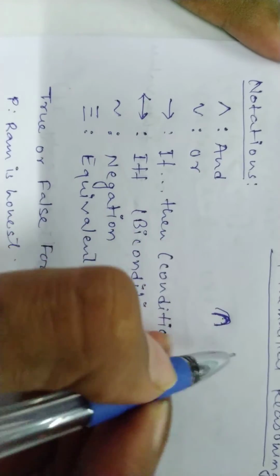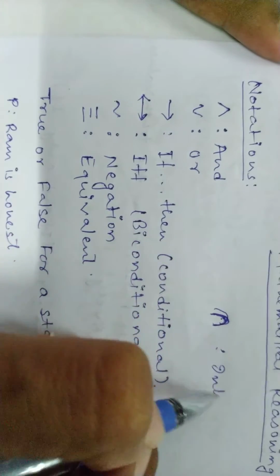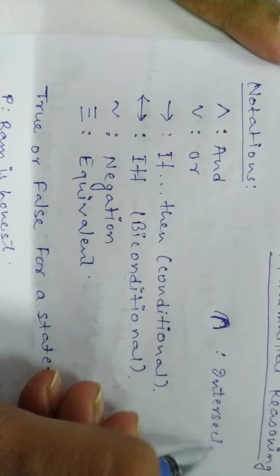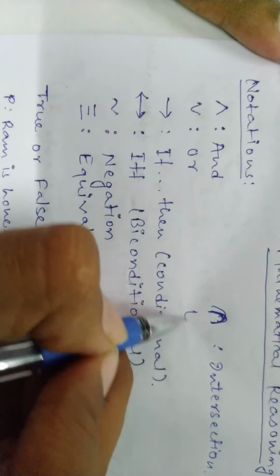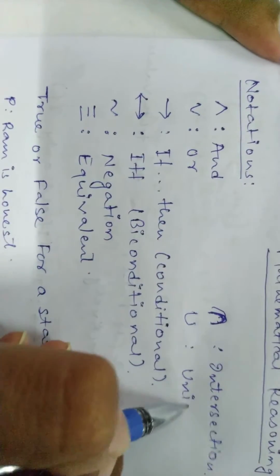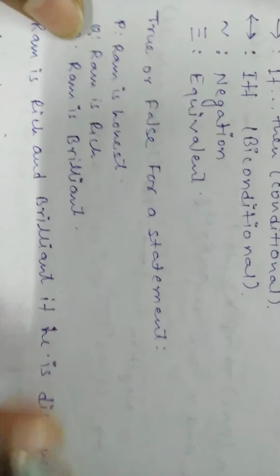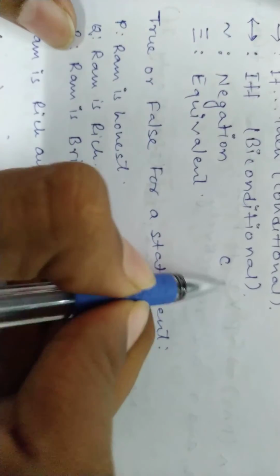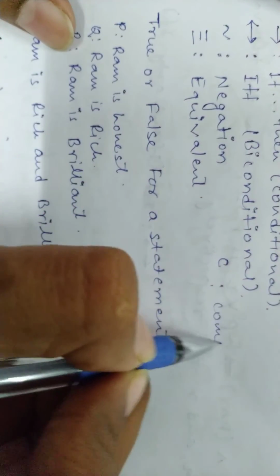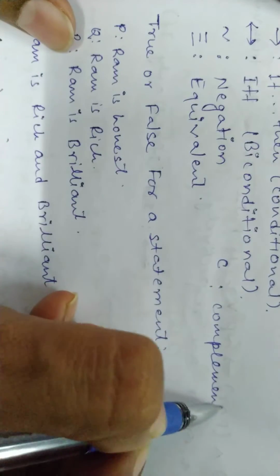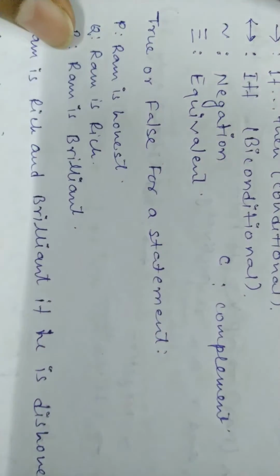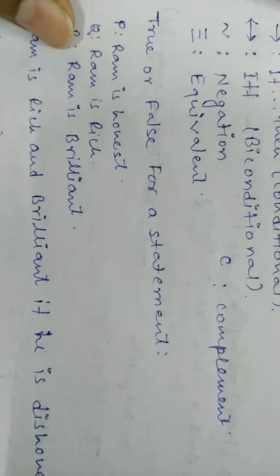You have seen this is intersection in sets. This is union in sets, right? If and then condition, I don't have an idea. It is complement of that set, right? And equivalent is there also in sets. So it is more related to those parts.